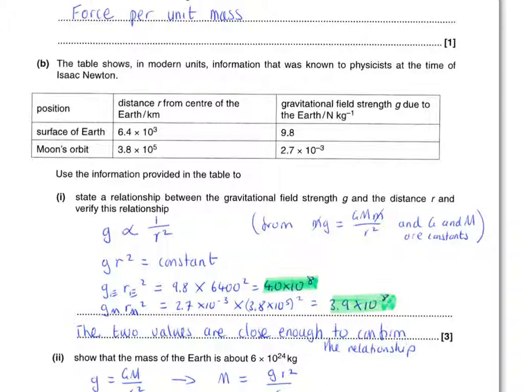So if we do that for the Earth, g of the Earth times the radius of the Earth's surface squared, we get that value. And if we do it out at the position of the Moon's orbit, remember this is still due to the Earth, the field strength due to the Earth, we get that value, and they're close enough to suggest that that relationship does hold.